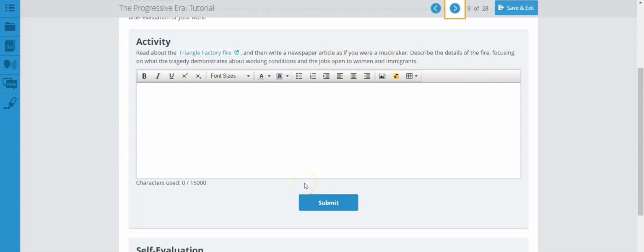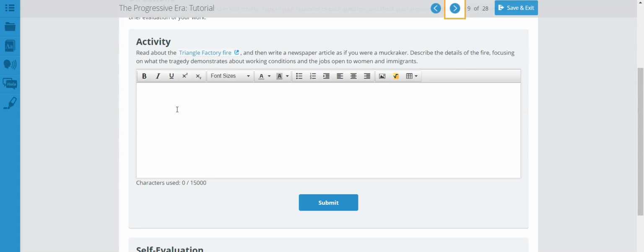So this is really interesting here, because first of all, you need to pretend that you're a newspaper reporter or writer, and you need to write an article about what happened with this fire that injured and killed people. And remember who were the people working in that area at this particular time. You're looking at women, females, and you're looking at immigrants.